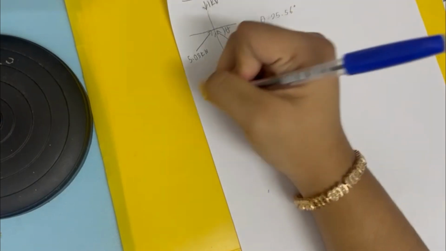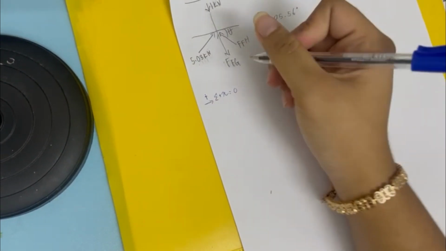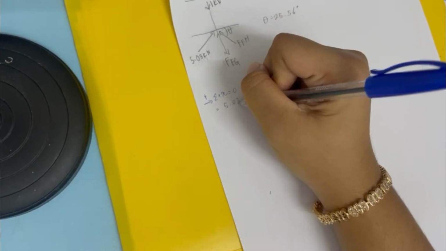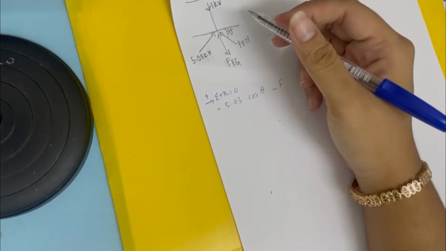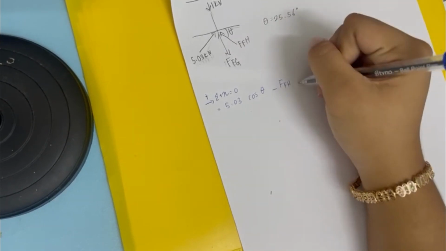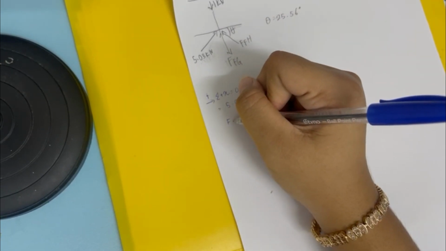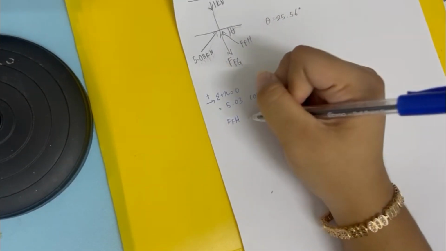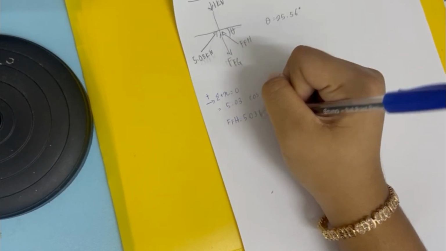So this will be sum of X equal to 0, equal to 5.03 cos theta minus FH cos theta equal to 0. So we got FH as 5.03 kilonewton.